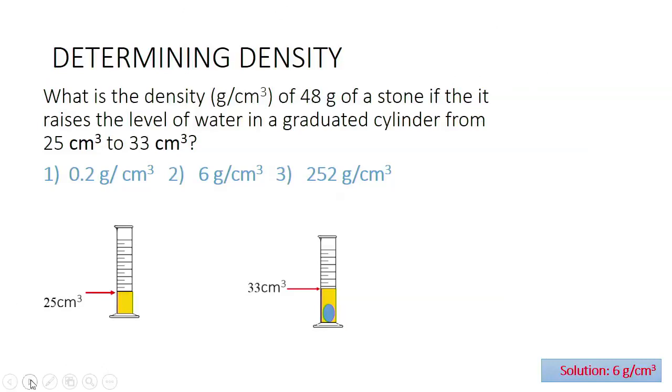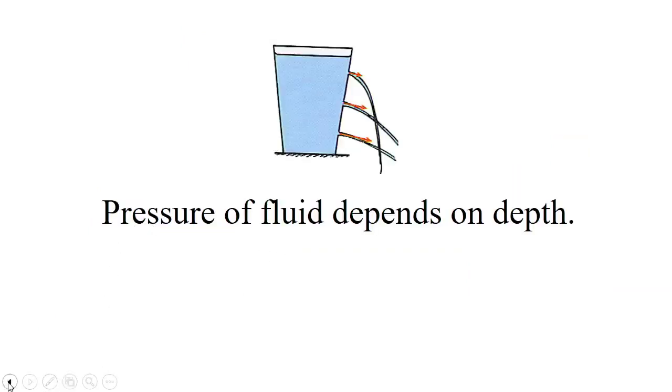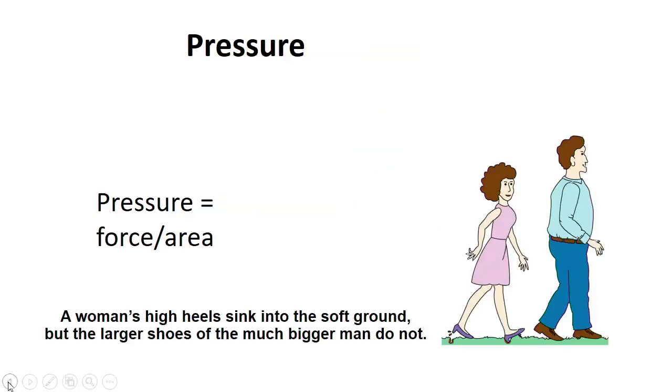Let's move on with pressure. Pressure is given by force divided by area. And here we can see in the diagram a woman walking in high heels, and she is sinking into the soft ground because the area of the heel is very small, and it gives a higher pressure.